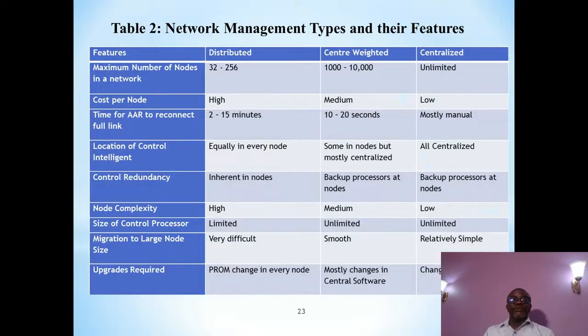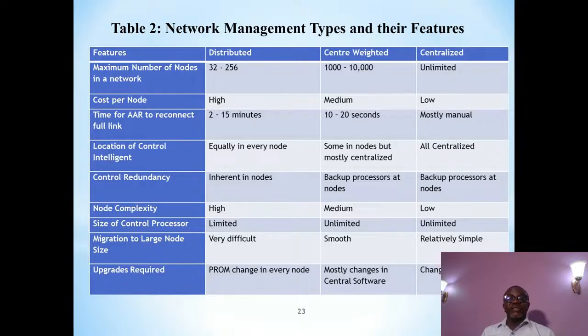Table 2 shows the network management types and their features. For instance, the maximum number of nodes in the distributed ranges from 32 to 256, but for the center weighted, it goes from 1,000 to 10,000 nodes. Then for the centralized, it is unlimited.